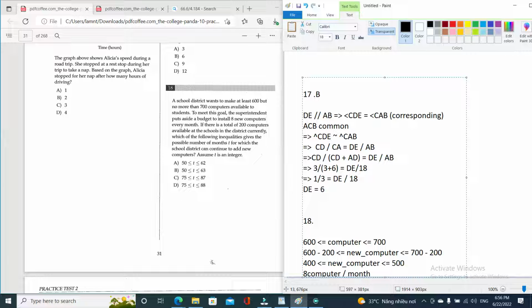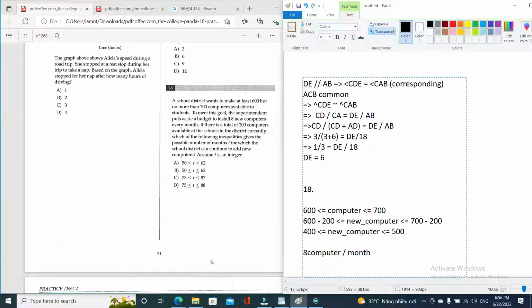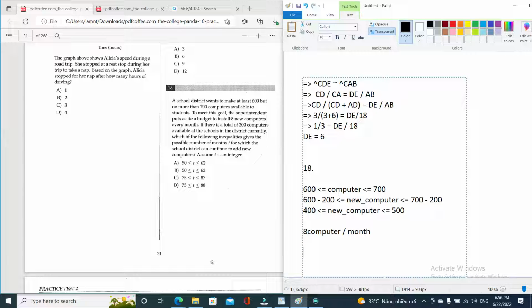So 8 computers a month, so it's going to be 400 over 8, smaller or equal to months, smaller or equal to 500 over 8. So that's 50 smaller or equal to T.